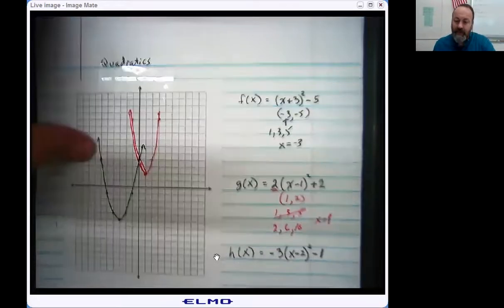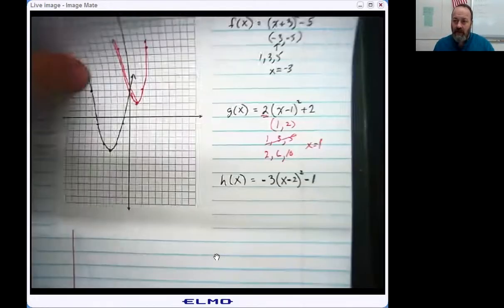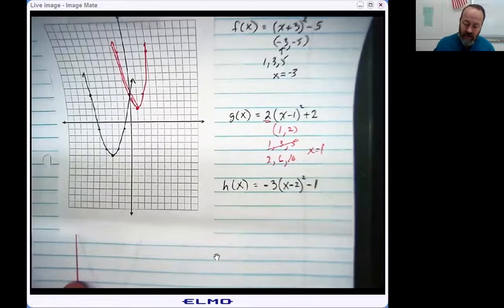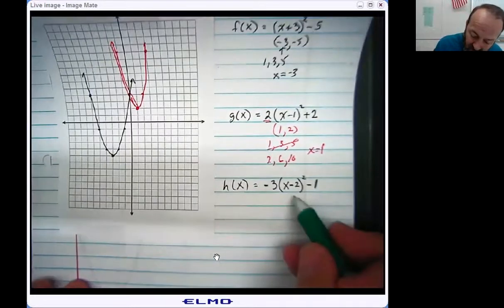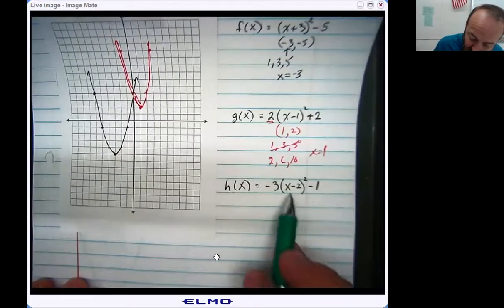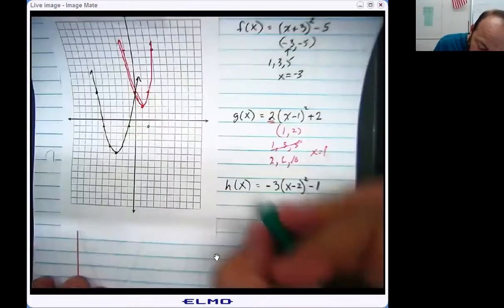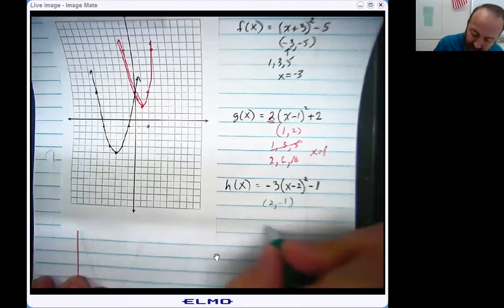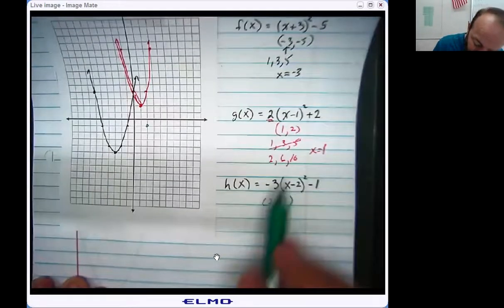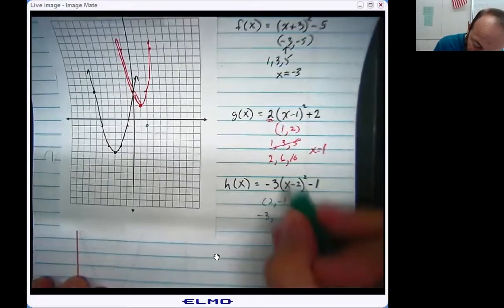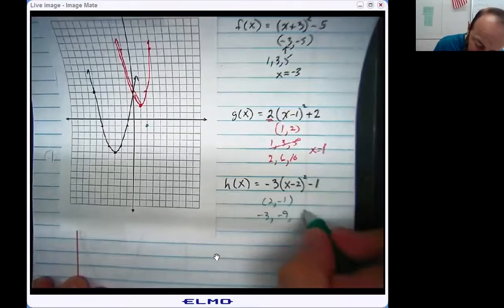And finally, notice in this particular situation, we have a -3 stretch factor. So again, going to the vertex of (2, -1) right here, the 1, 3, 5 pattern is going to be -3, -9, and -15.